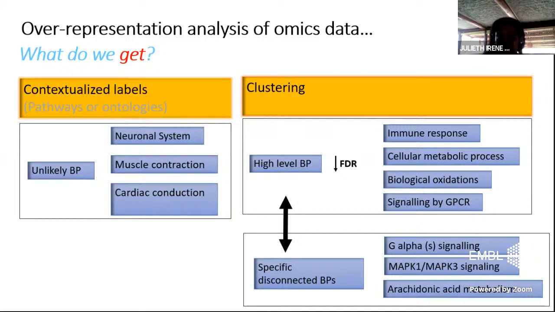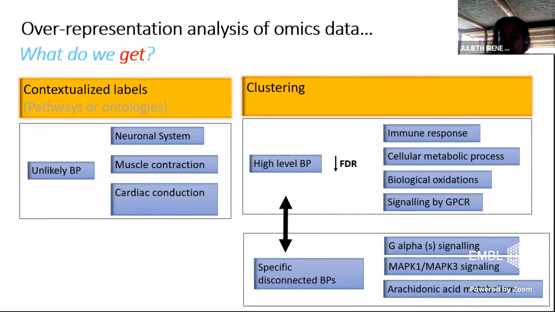Because, and this is something that I really liked about Reactome, since they are a hierarchical structure, then we know that if we have a big high level biological process, all of the ones that are below that, of course, will have those genes in common.